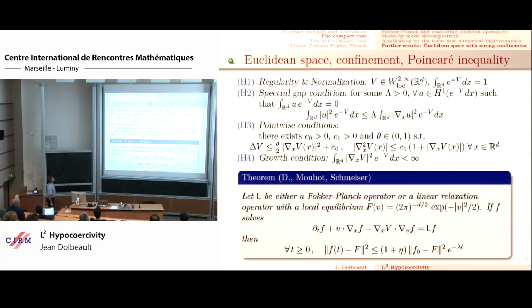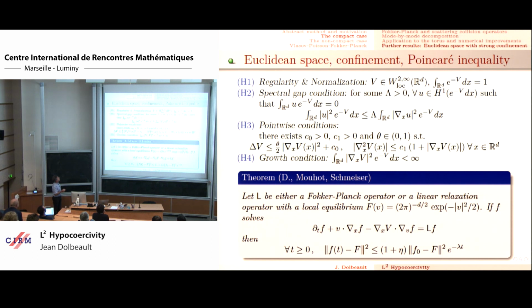Good. Another example, which was in the initial paper with Clément and Christian, is what happens when you have the good case, or a confinement. So you have an external potential V for which you have a Poincare inequality plus a few additional properties, because when you solve the elliptic problem that you need to use to invert the expression in A, you need a little bit of elliptic regularity, and for this you need some additional property of the potential.